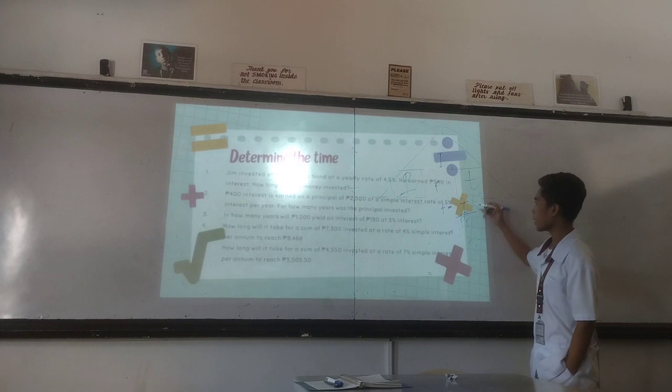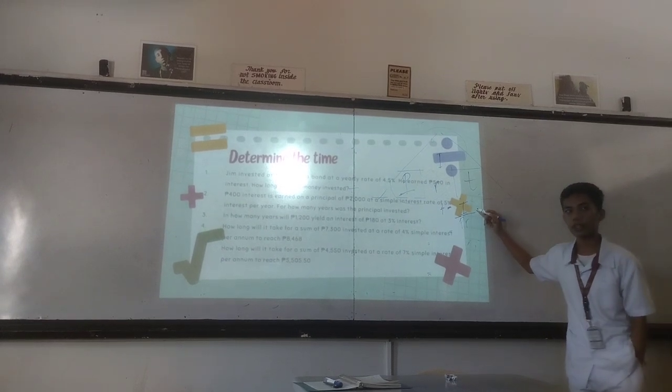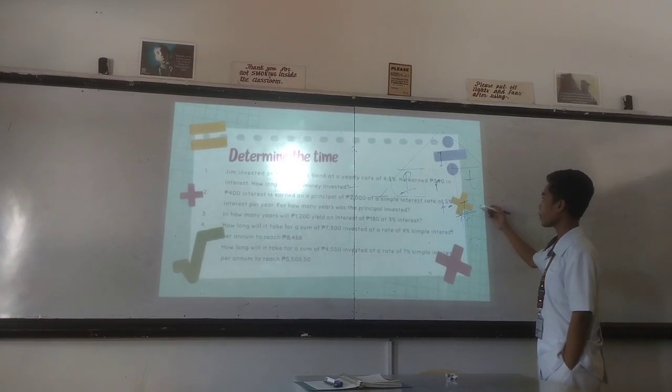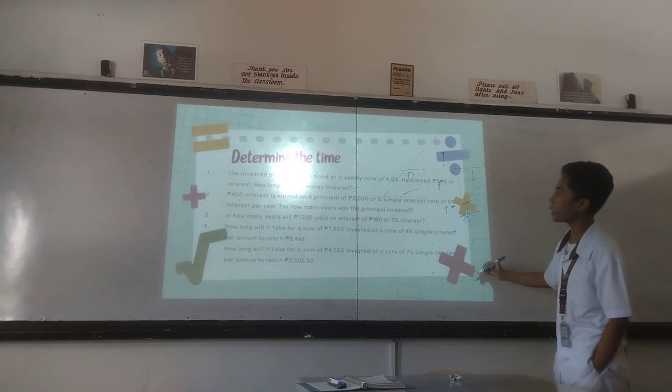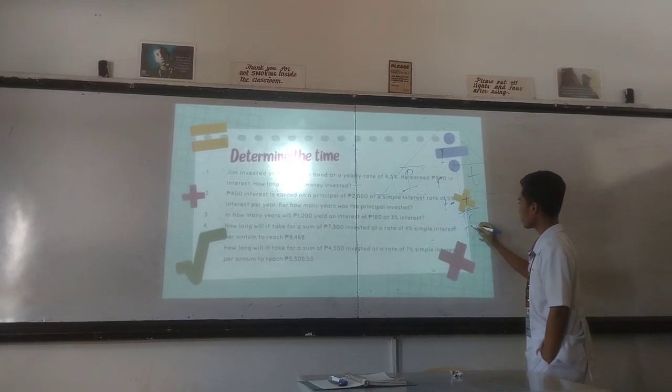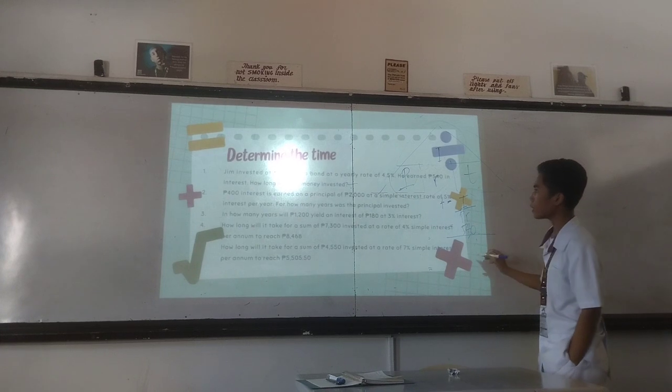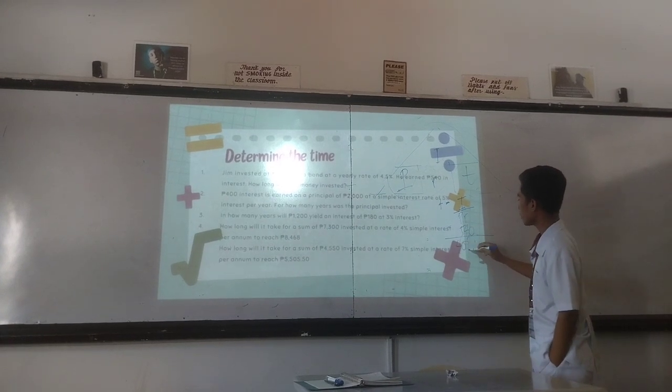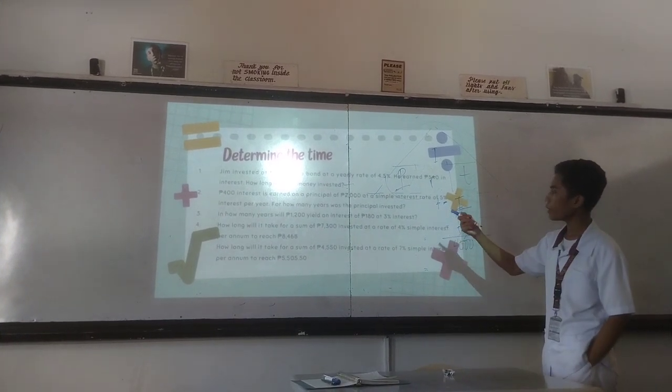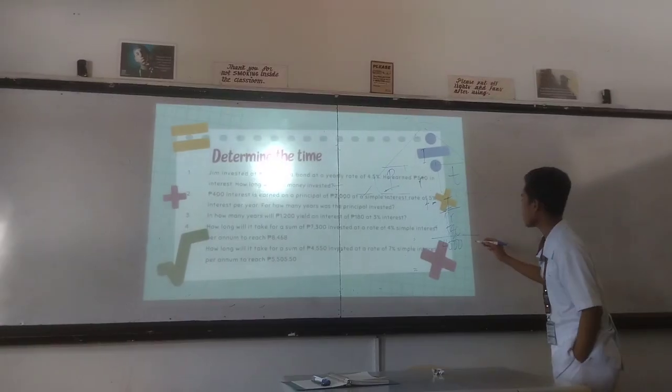So again, still substitute the given amounts in the formula. Our simple interest is 540, principal amount of 4,000, and our yearly rate of 4.5%.